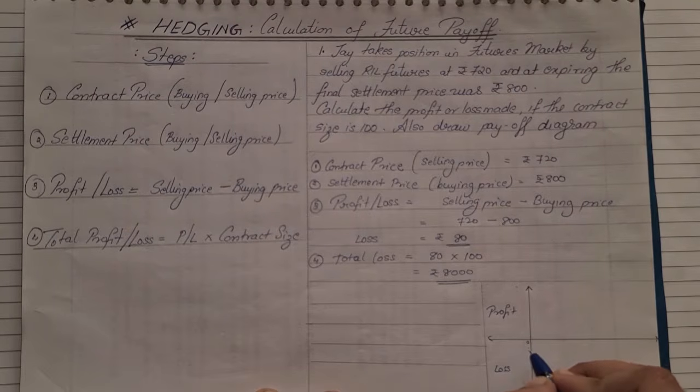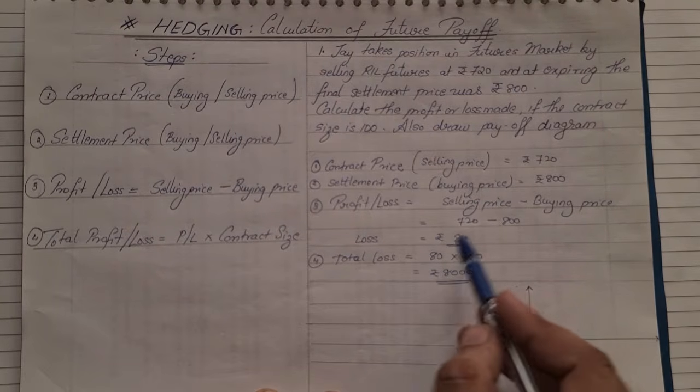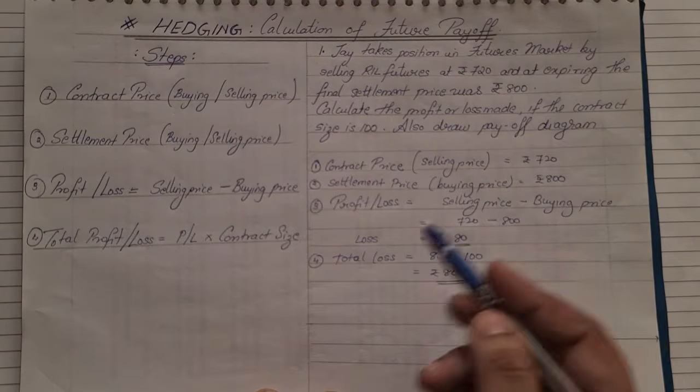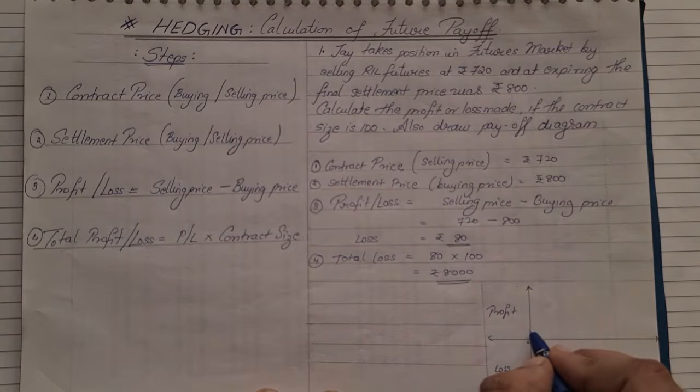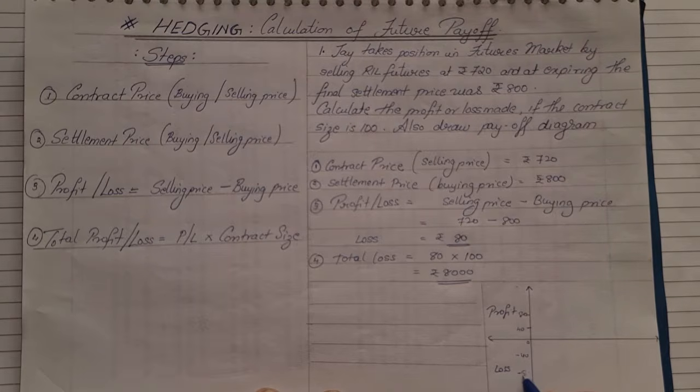We'll start with 0. Since the loss is 80 per unit, we have to go with per unit. So we'll take a gap of 40. You have 40, you have 80, and again you will have negative 40, negative 80.